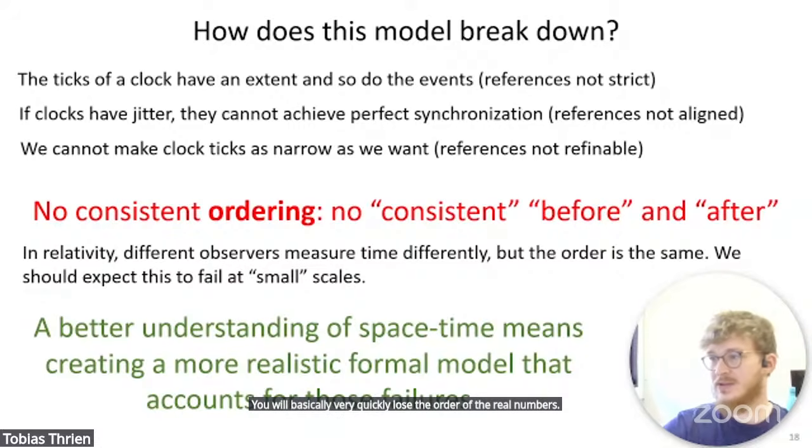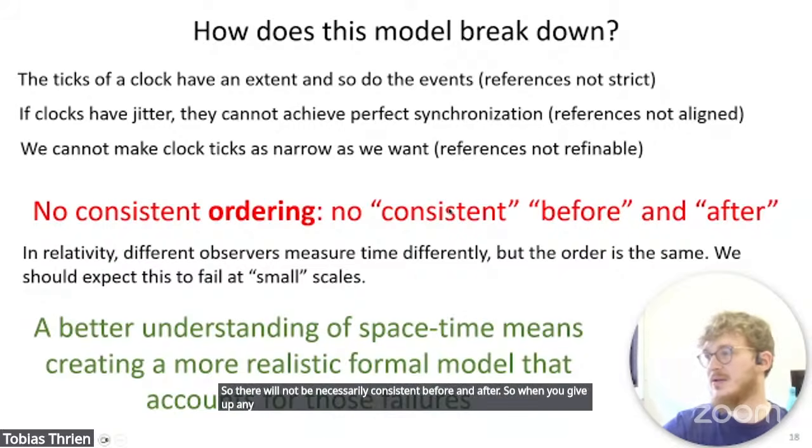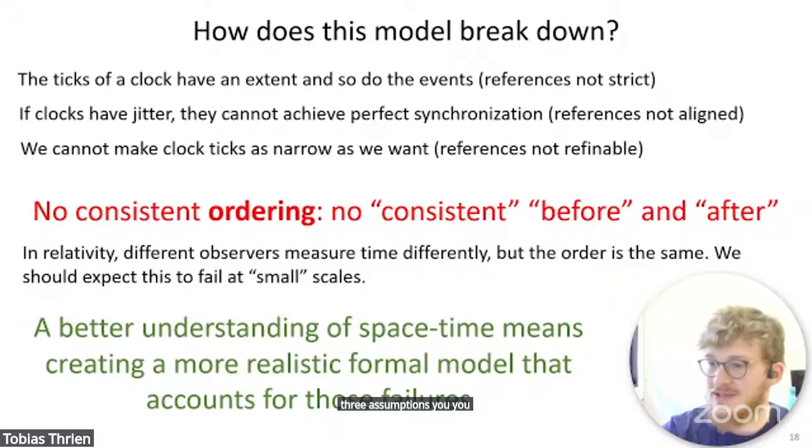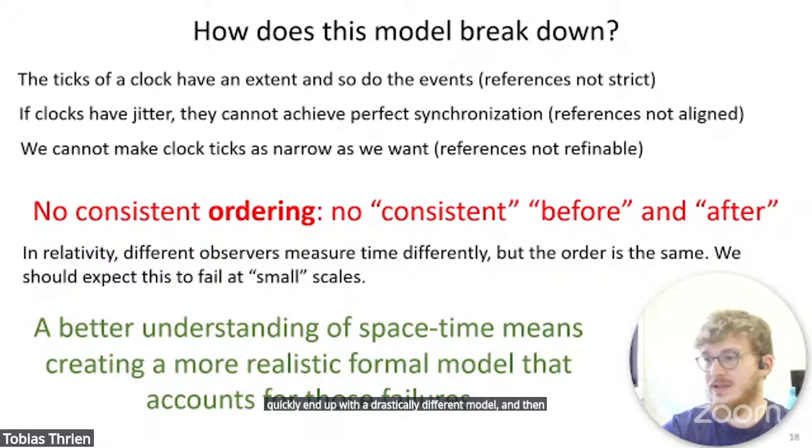So they will not necessarily be consistent before and after. So when you give up any of these three assumptions, you quickly end up with a drastically different model, and then it's not obvious what kind of mathematical structure you might want to still be able to say anything.